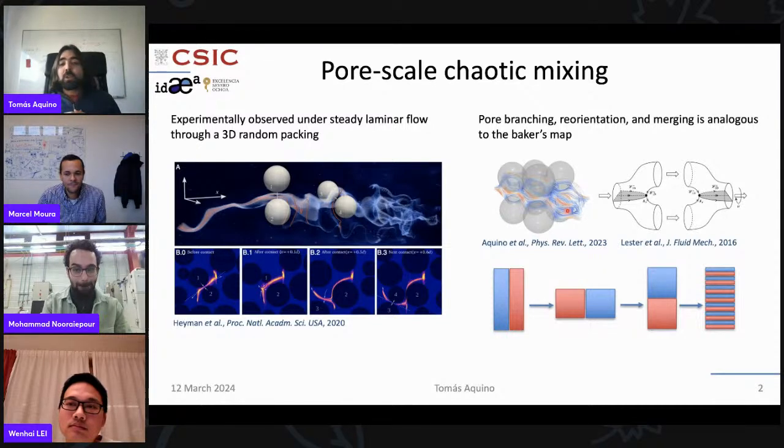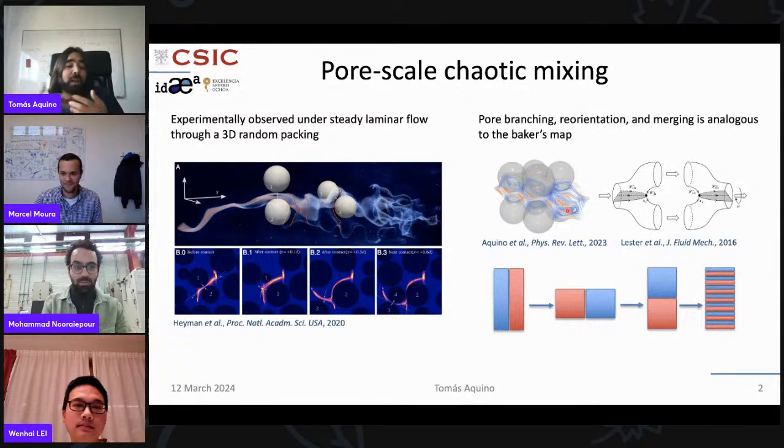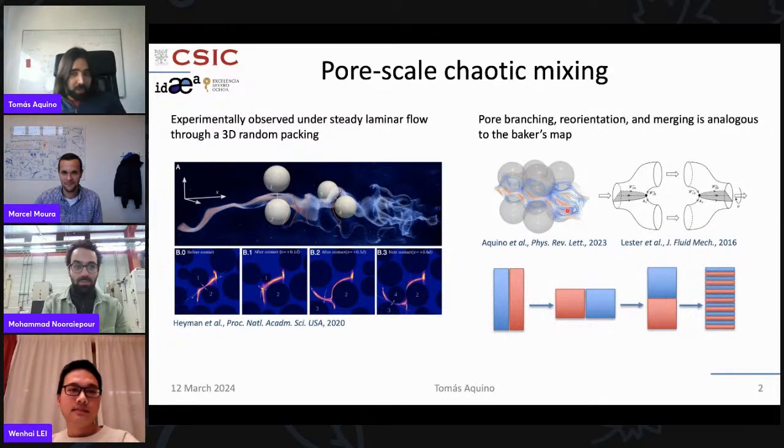The basic mechanism is that if you imagine a material line of an advected tracer going through this flow, as it goes through the porous network and diverges and remerges across these divergences and remergings of pore throats, it gets folded and stretched, and this leads to the kind of exponential behavior that I was talking about before.